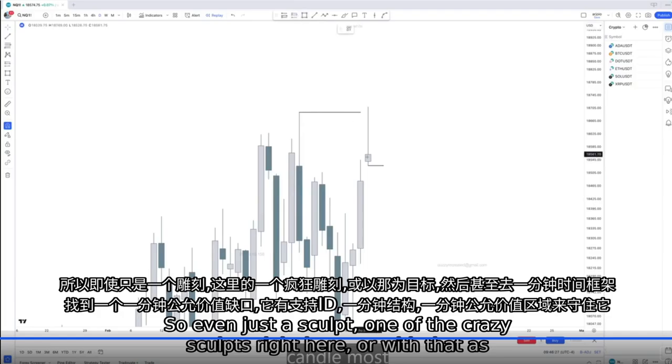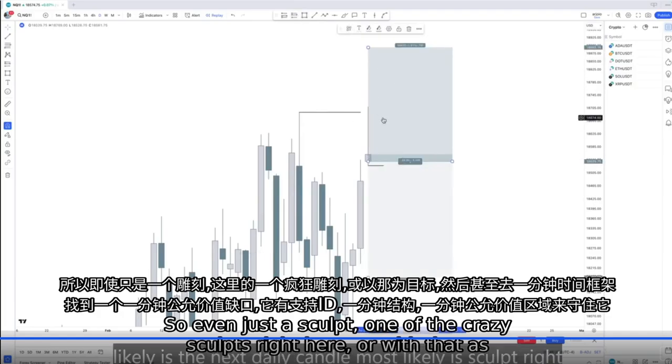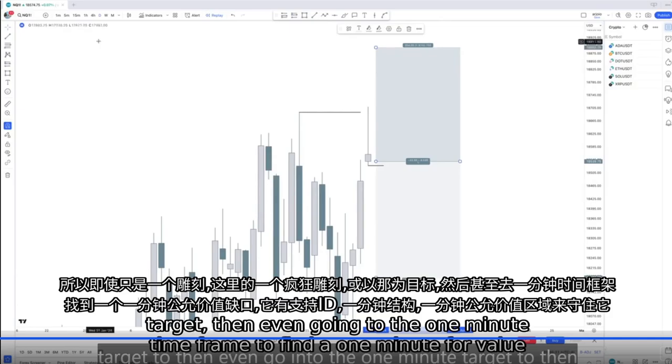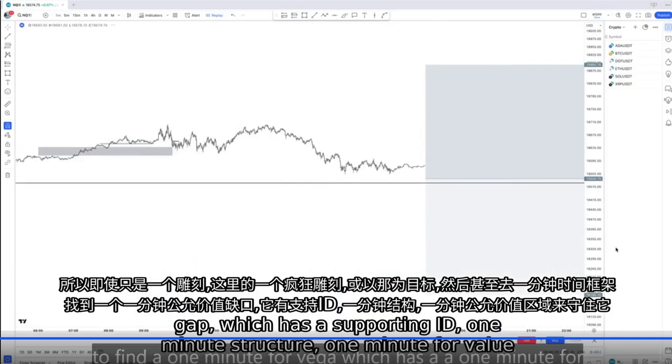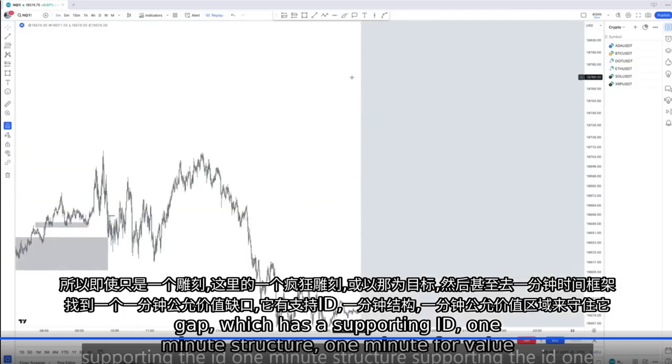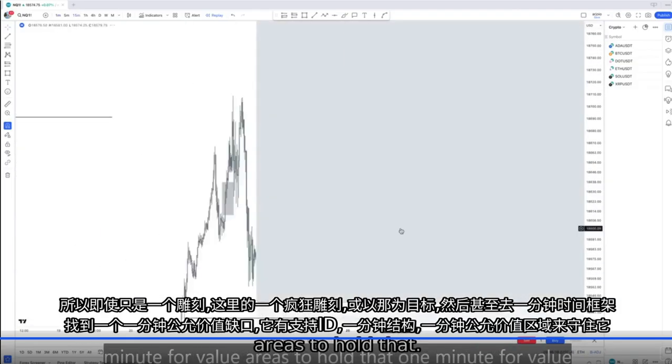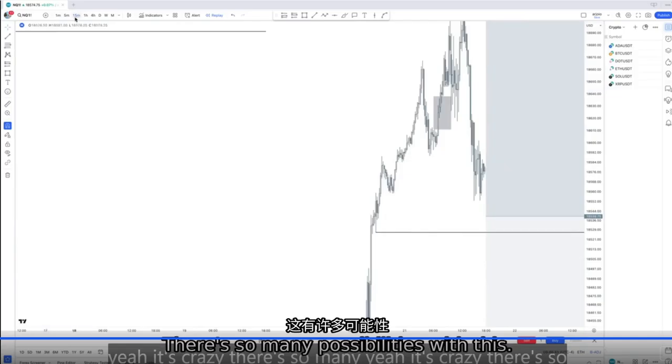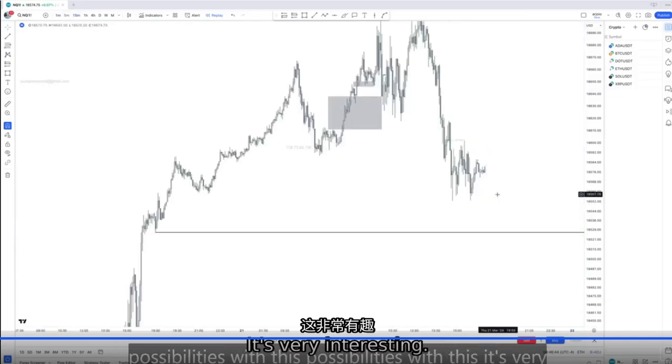So even just a scalp, one of the crazy scalps right here, with that as target, to then go into the 1 minute time frame to find a 1 minute fair value gap, which has supporting 1 minute structure and 1 minute fair value areas to hold that. Yeah, it's crazy. There are so many possibilities with this. It's very interesting. I like it a lot.